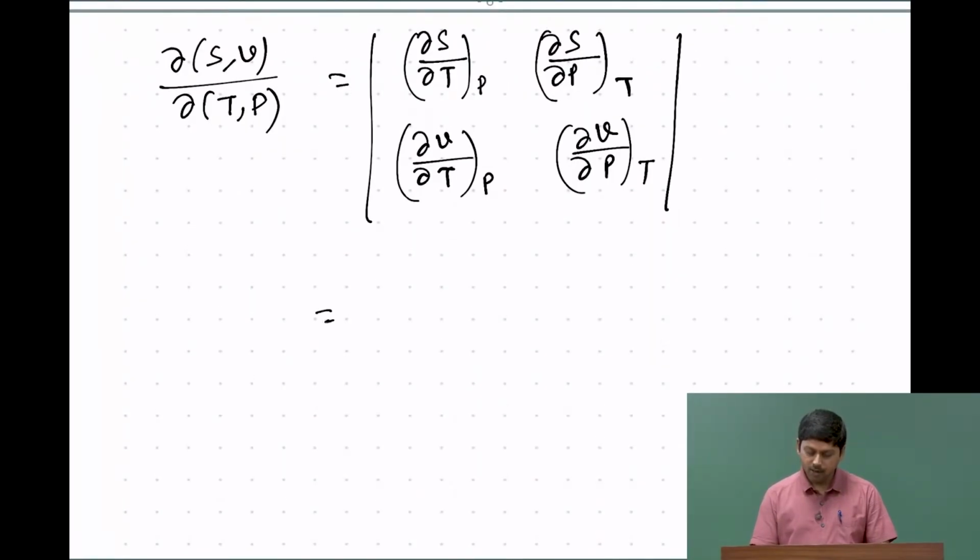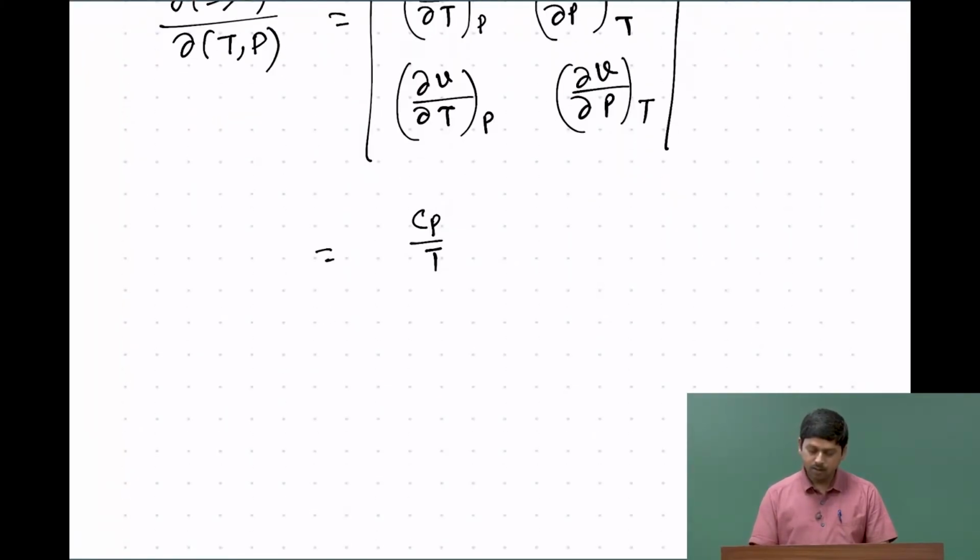Now, we see that we got the Cp term here, del S by del T at a constant P is nothing but Cp by T, and we got the coefficient of thermal expansion here, as you know that alpha is 1 by V del V by del T at a constant P, which means this quantity is nothing but alpha V.